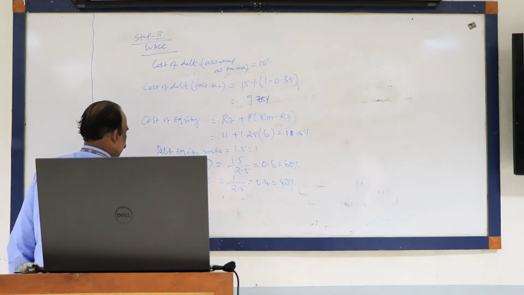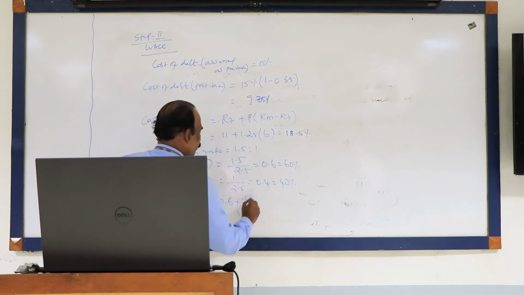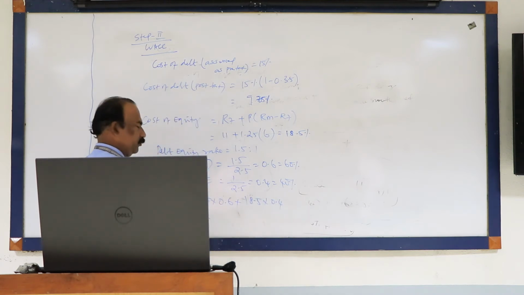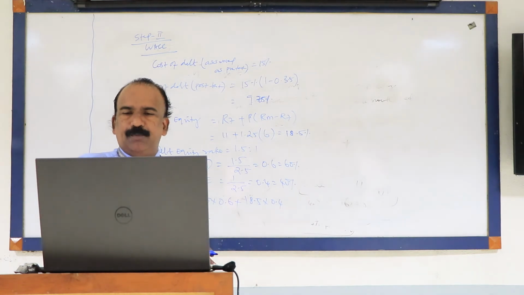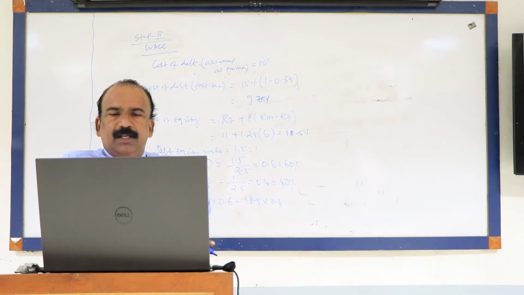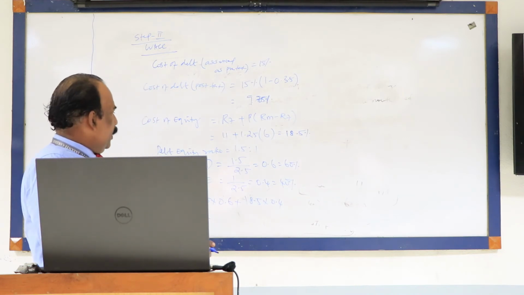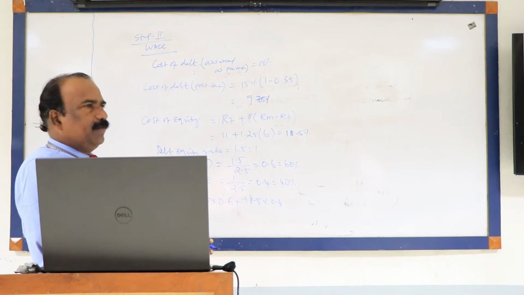So the WACC is the weighted sum: 9.75 into 0.6 plus 18.5 into 0.4. So how much comes? 5.85 plus 7.4.